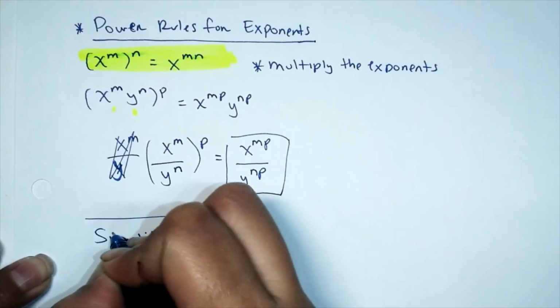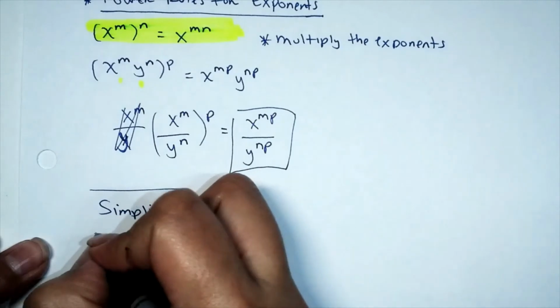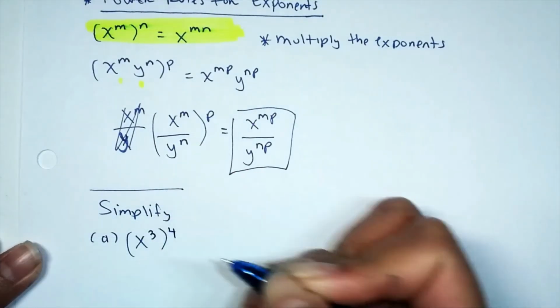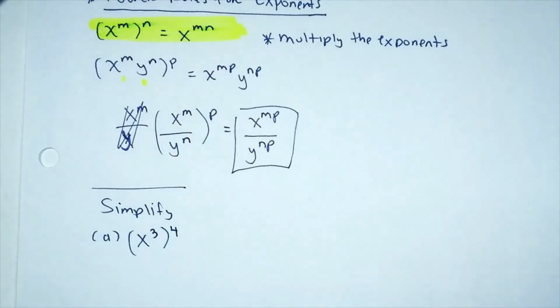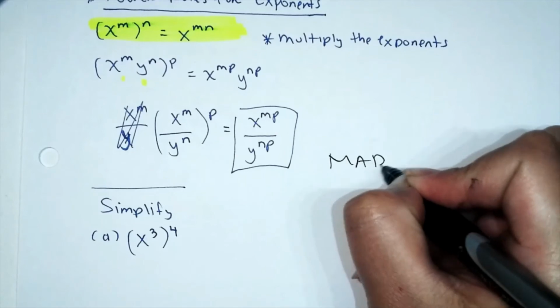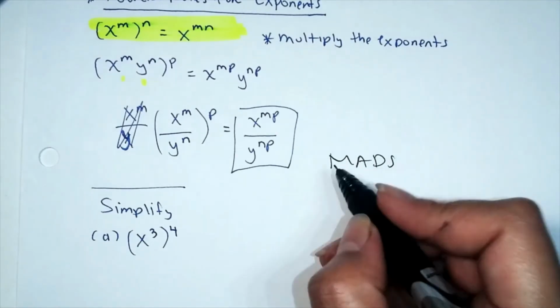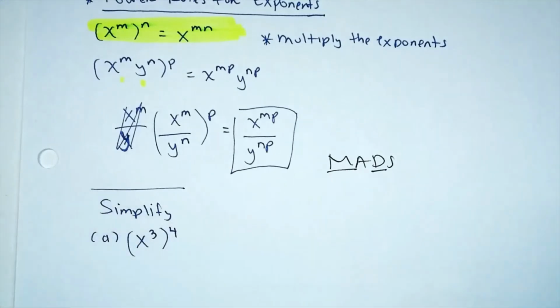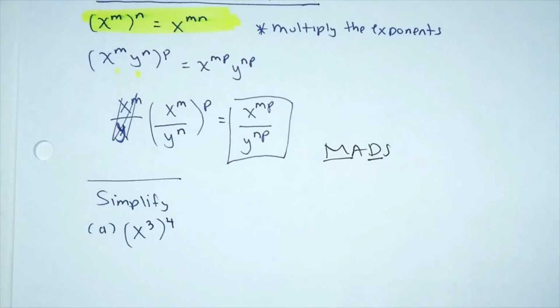Okay. Problem A. We have x to the third raised to the fourth power. I would love to say silly exponent rules, they make me so mad. But unfortunately, we don't have a multiplication problem and we don't have a division problem. So I cannot be mad. I just have to suck it up and remember it. Okay? We're raising a power, so power rule.